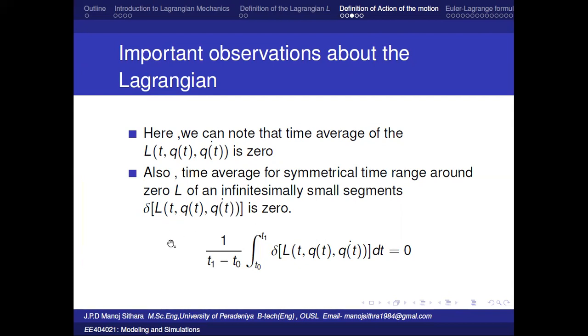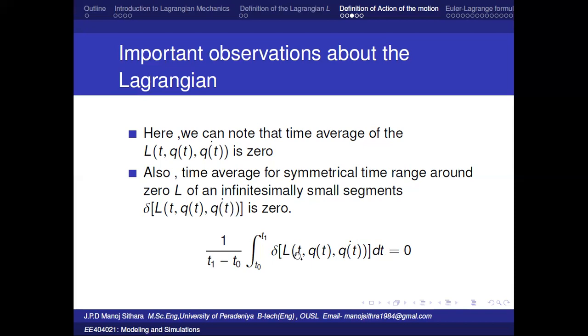Therefore, what we can see is, some t naught to t1 symmetrical time range around the 0 Lagrangian also has 0 average.